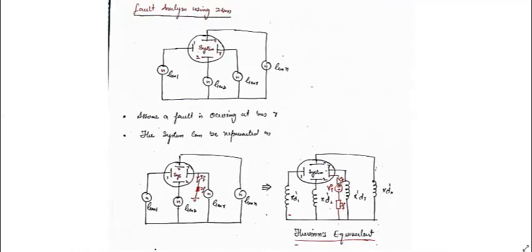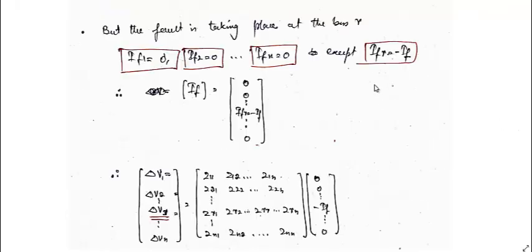Because the IF is directed from the bus to the ground, and injected current is assumed to be the current that will be injected into the bus, that will be flowing into the bus. So that's why IFR will be equal to minus IF. So the IF vector will be changed to this. All the elements of the IF vector will be 0 except minus IF at the R-th position.